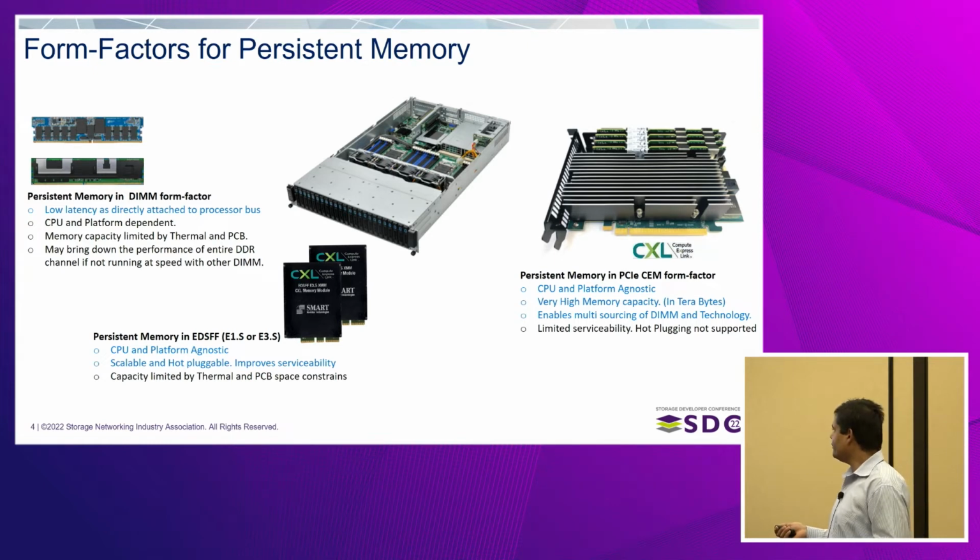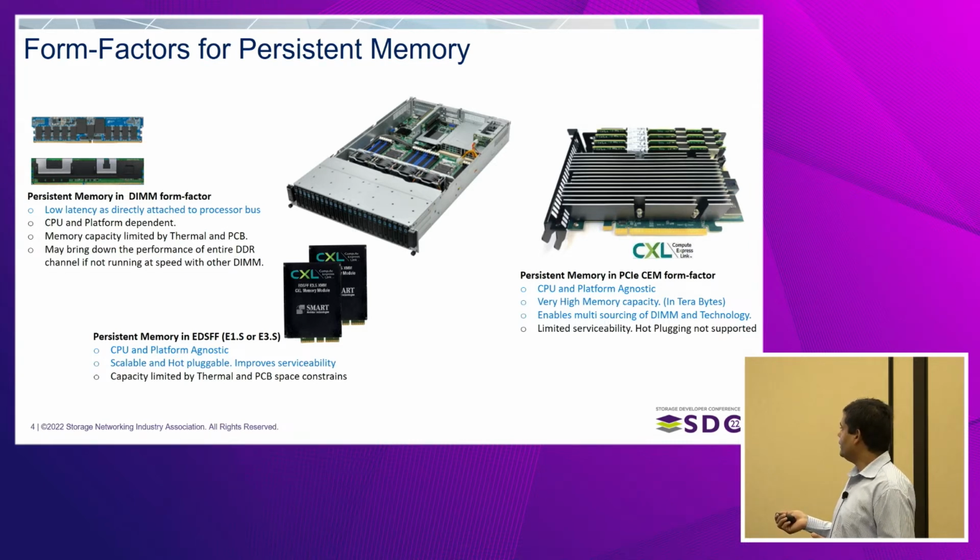The last and the most important form factor is the PCIe kind of form factor. Now, the top two advantages are almost the same. Because it sits on the serial bus, it is platform agnostic or CPU agnostic. Any CPU which supports CXL can be used with this kind of form factor.